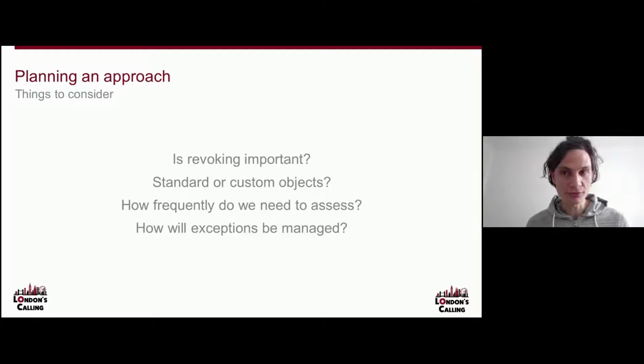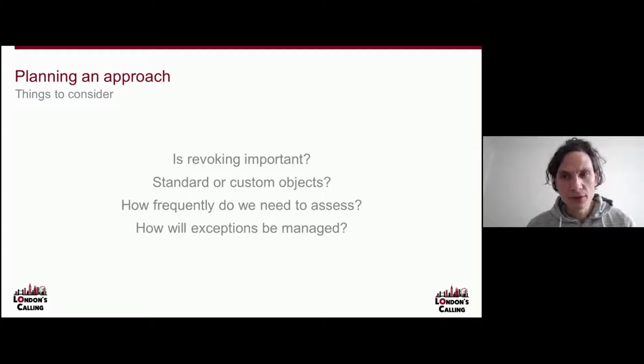So what that means is, for any sharing in the share table for standard objects, we can't distinguish between sharing which has been applied for one reason or another, and in fact we also can't distinguish between that sharing and actual manual sharing that might have been applied through Salesforce Classic. So particularly when it comes to revoking and checking that share records have been created through a certain circumstance, it's much easier to do that with custom objects than it is with standard objects.